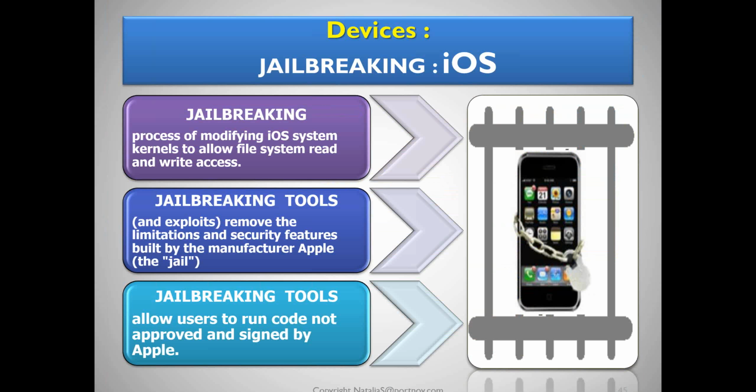Jailbreaking is a process of modifying iOS system kernels, and the kernel is the communication channel. Let me tell you that jailbreaking tools are usually released within 24 hours of the official operating system hitting the market.